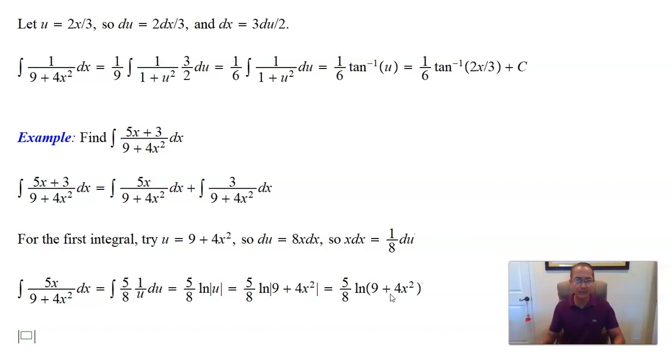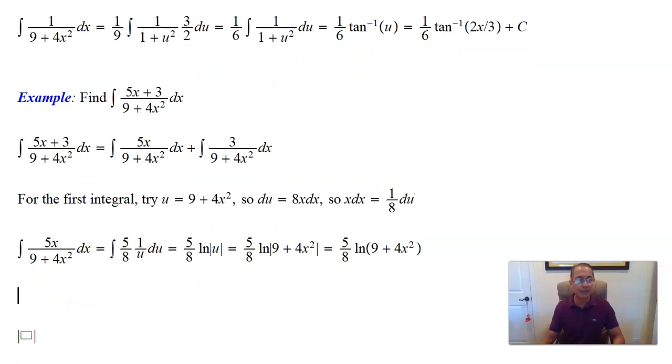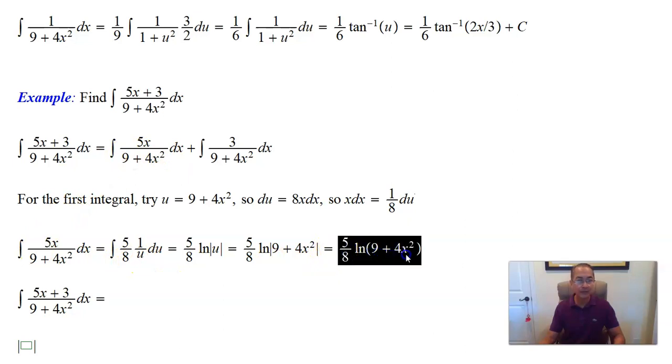If you write the absolute values, that's fine. You really should not be punished for it. It's still correct. So now we are ready to put them together. We separated them, now we are going to assemble them. We said it is this plus this. So our first term is 5/8 ln of 9 plus 4x squared.